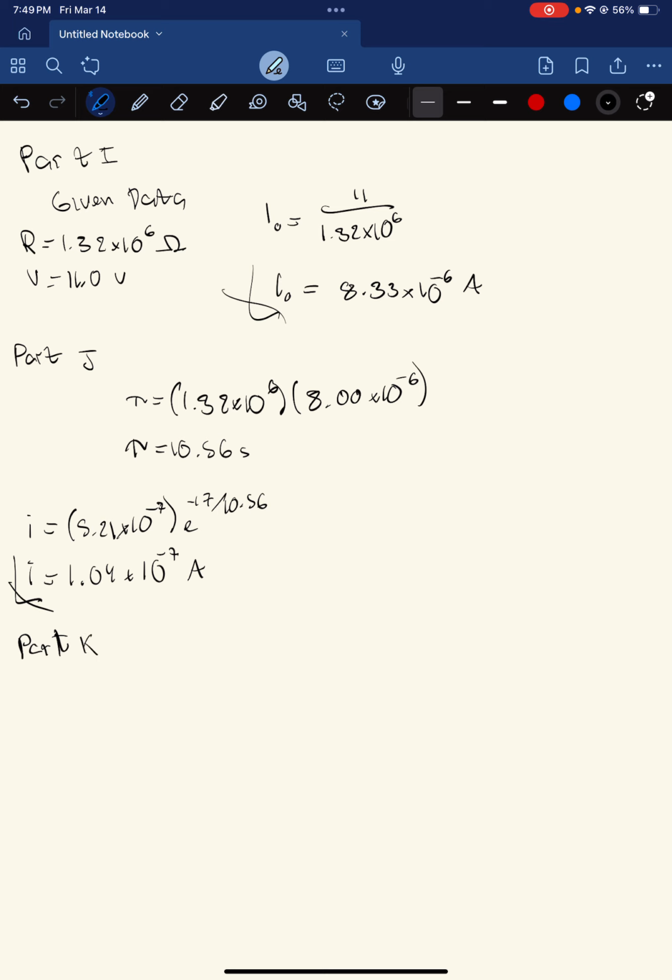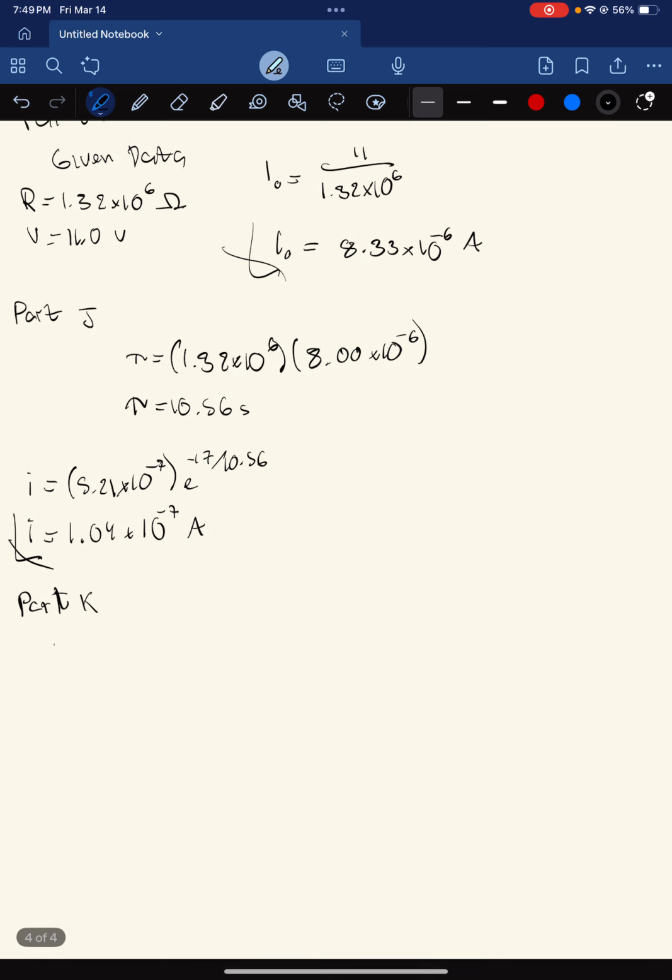Okay. So for part K, we got the given data. We have the capacitance, that is 6.40, and we're going to convert it right now to scientific notation in farads. Now the resistance, that is 5.00 10 times 6 ohms.